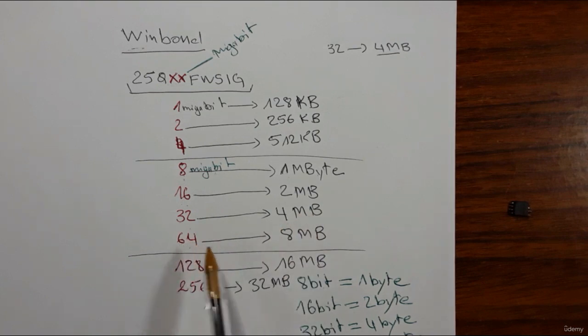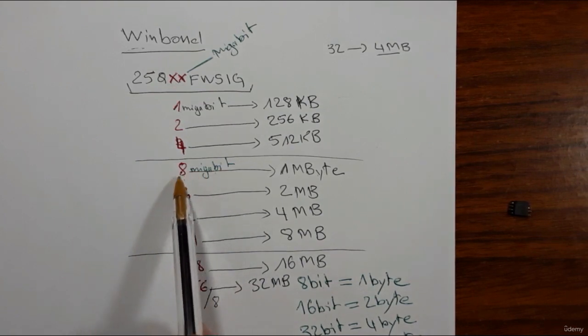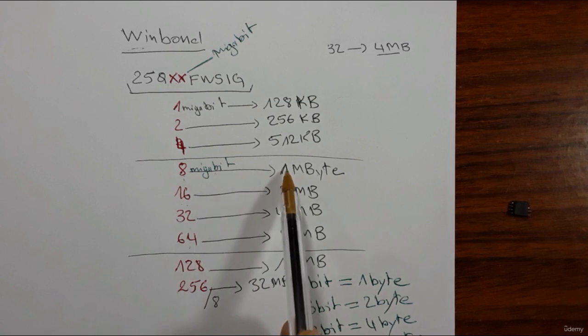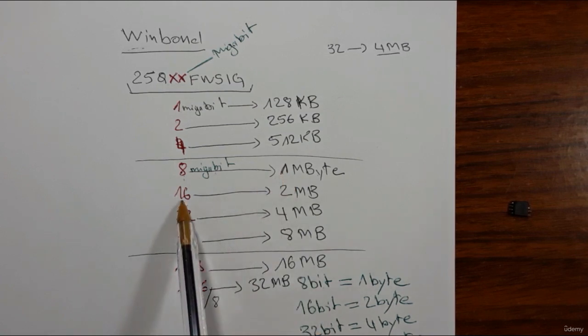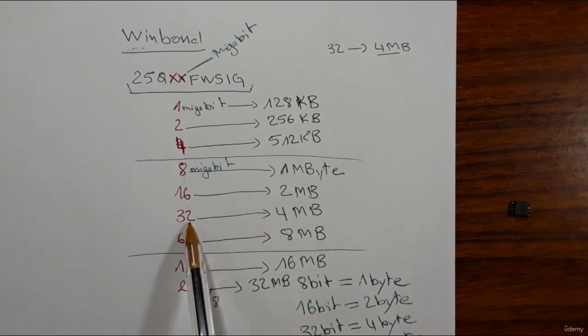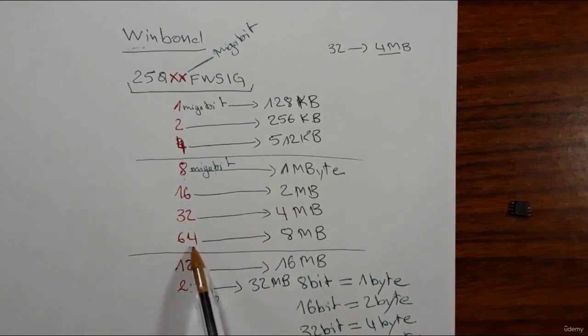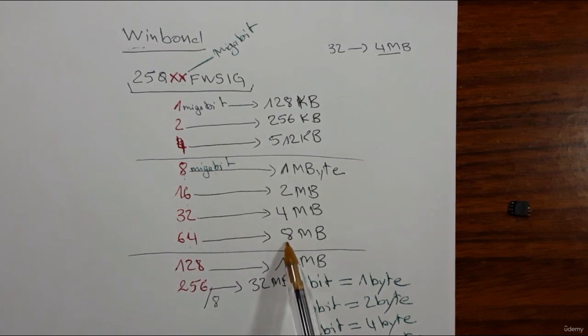And 64 means 8 megabyte. Always you should divide it by 8, because 8 bit equals 1 byte. So 8 divided by 8, we get 1. 16 divided by 8, we get 2. 32 divided by 8, we get 4, and also here we get 8, okay?